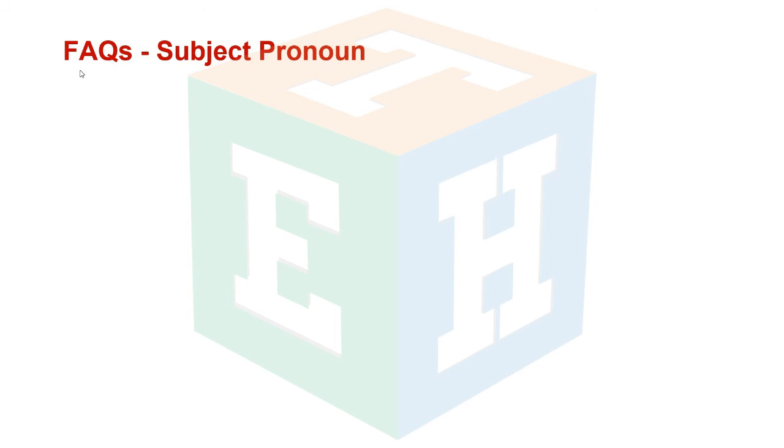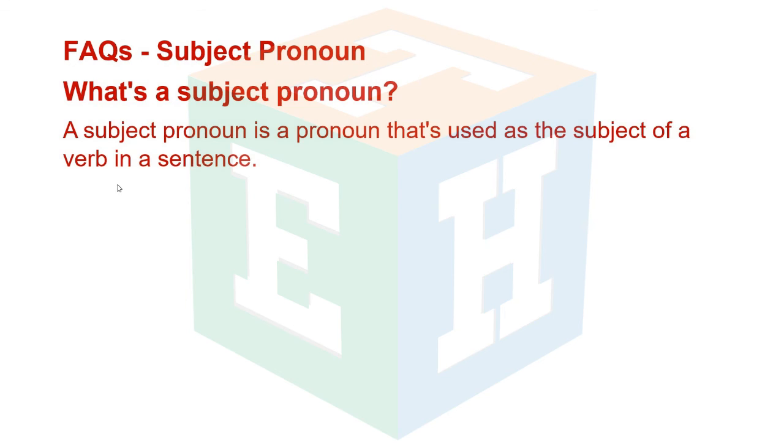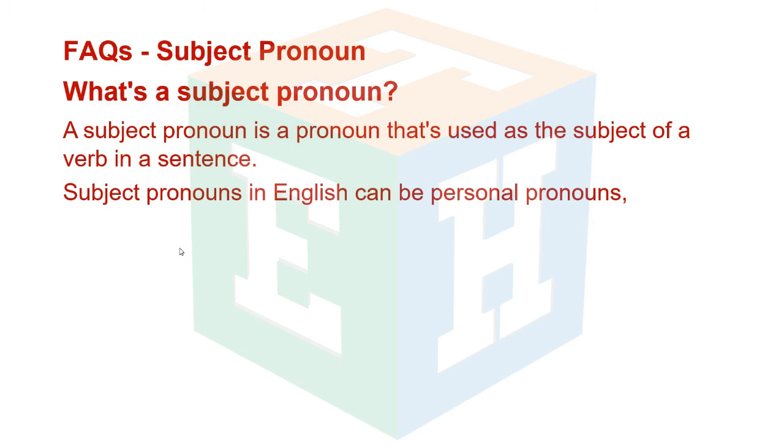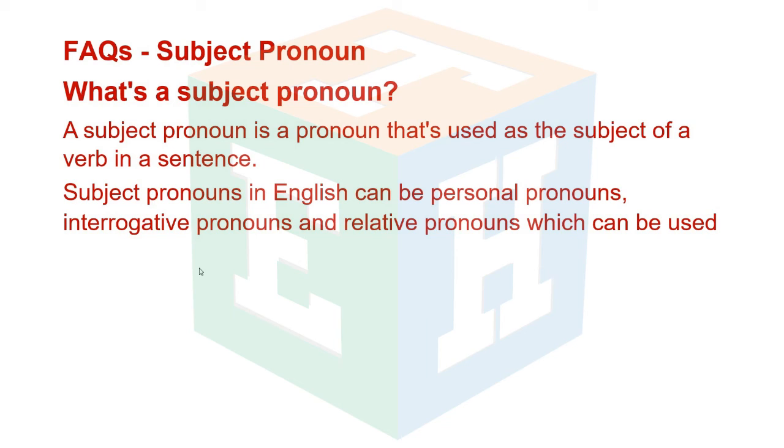Facts or frequently asked questions, subject pronoun. What's a subject pronoun? A subject pronoun is a pronoun that's used as the subject of a verb in a sentence. Subject pronouns in English can be personal pronouns, interrogative pronouns, and relative pronouns, which can be used as subjects of verbs in sentences.